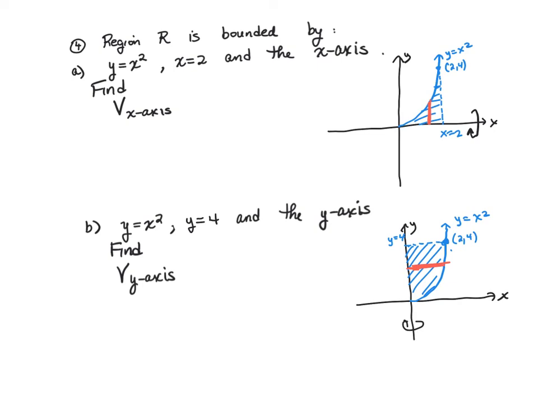Okay, so again, remember that when we have a vertical rectangle, whether it's area or disk, we integrate with respect to x. Here, horizontal rectangle, we integrate with respect to y. This is the key. So now, outside each of these integrals, we put a pi.